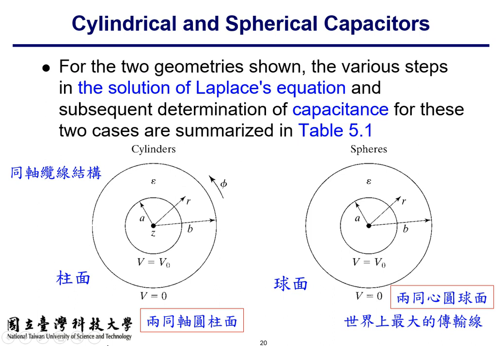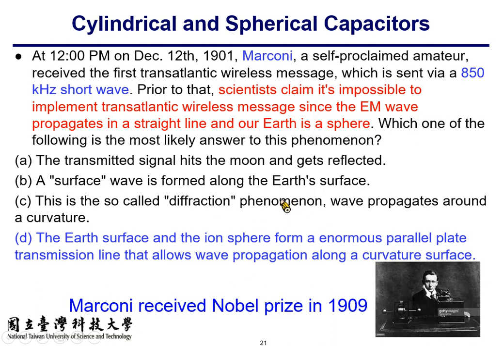The inner sphere is of radius A, the outer one is of radius B, and you can also view the two structures as capacitors. If you apply a voltage difference between the two conductors, you can check out how the electric field is built up.